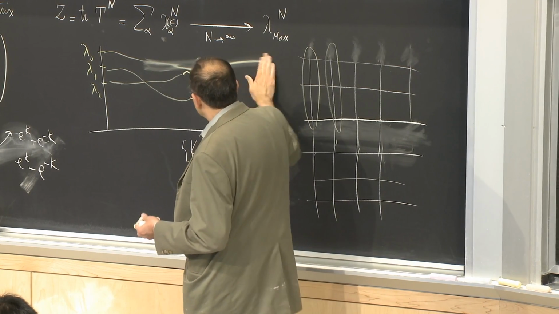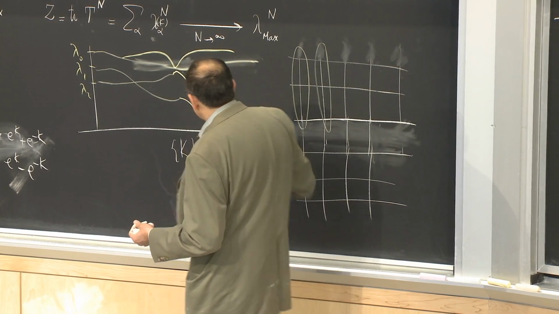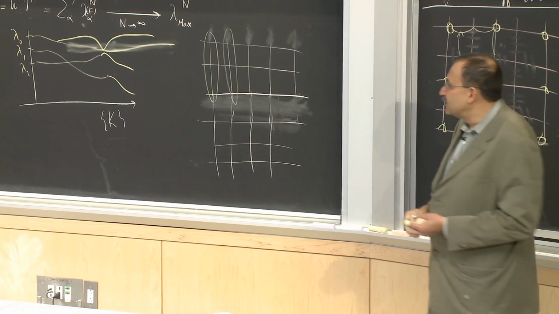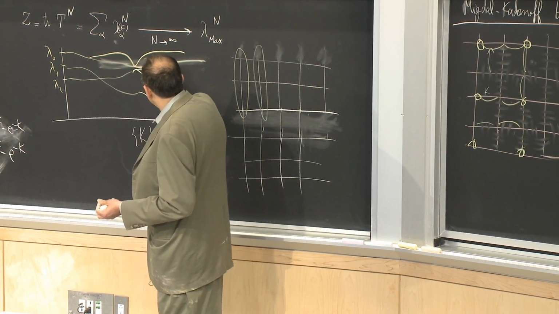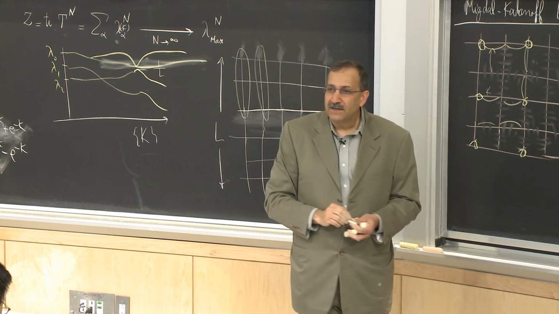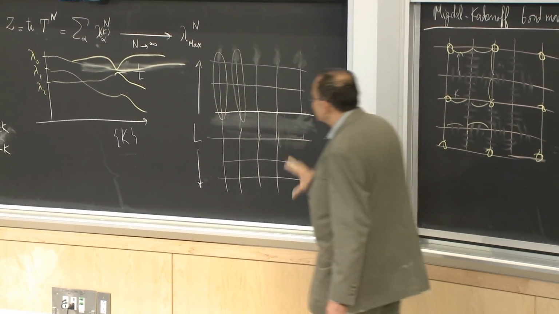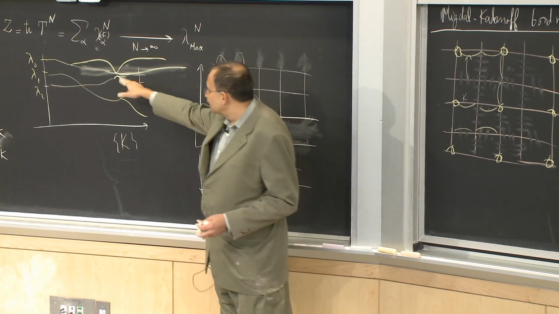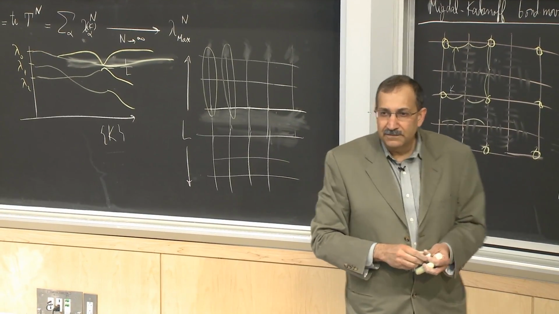Actually, more accurately, if I were to draw a situation such as this, where two eigenvalues would approach but will never cross, and one can show that the gap between them will scale as something like 1 over this length. And so in the limit where you go to large enough system, you have the possibility of essentially some singularity when two eigenvalues touch each other.